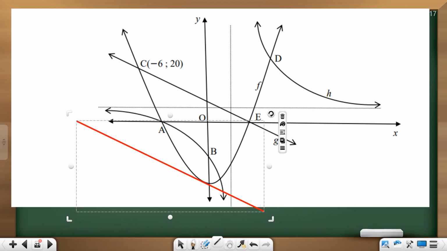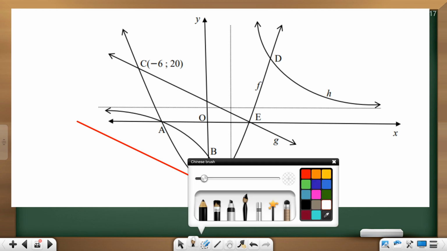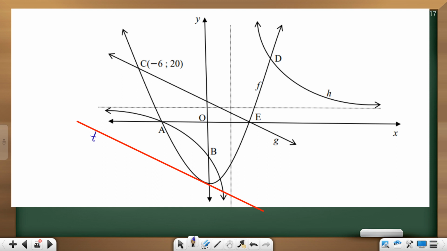This whole equation is T. They said if T is a tangent and it is parallel.